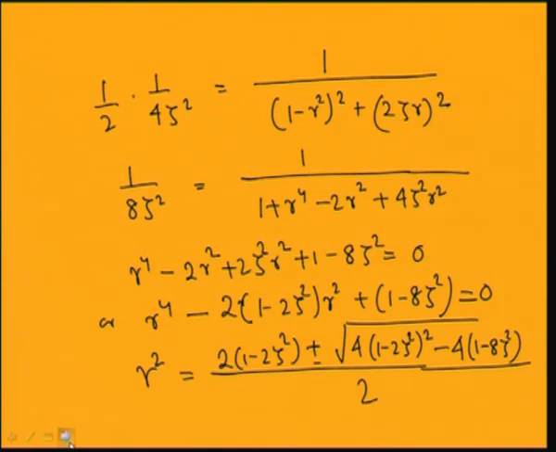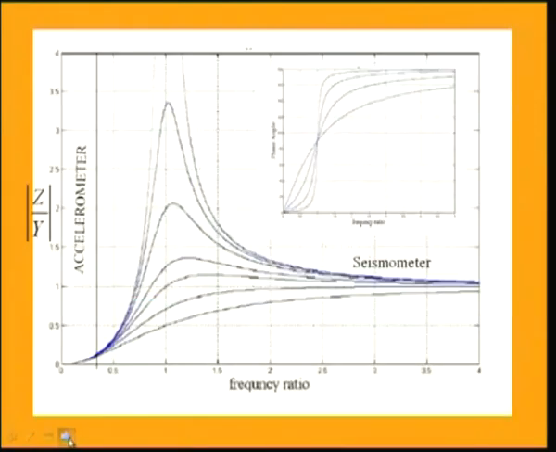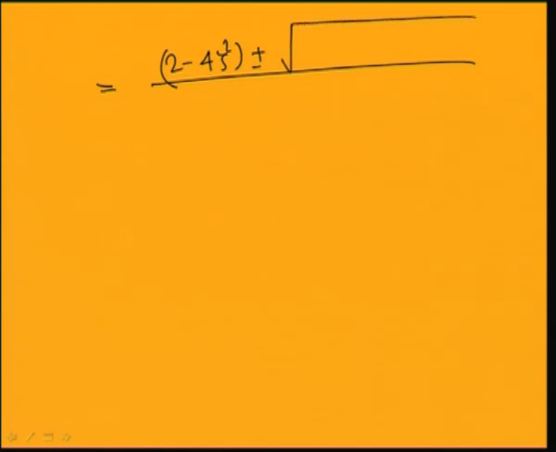So, if you expand this, you can write this equal to 2 minus 4 zeta square plus minus, and by expanding that part you can write this will be equal to 4 minus 16 zeta square plus 16 zeta fourth, minus 4 plus 32 zeta square, by 2.